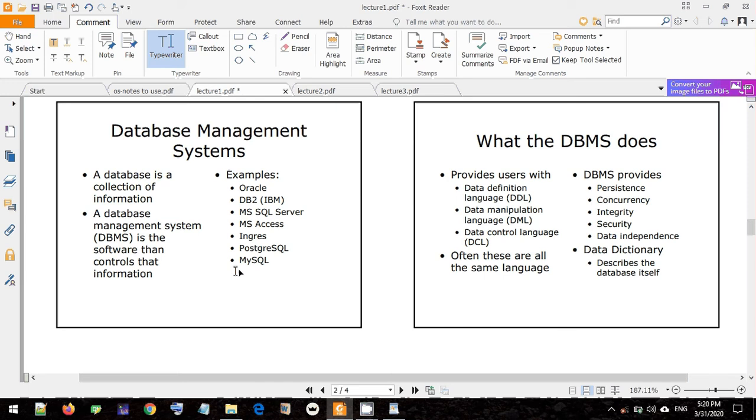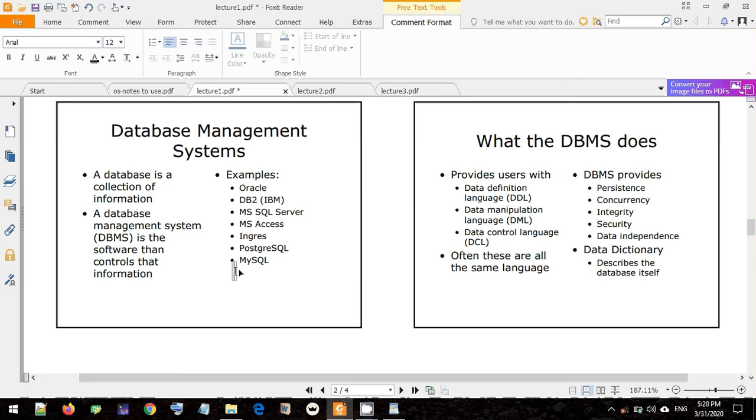We also have other DBMSs like XAMPP and WAMP. They are common. I'm very sure. In this course, we are going to use XAMPP during our practicals. So make sure you install XAMPP because we're going to be needing it subsequently.